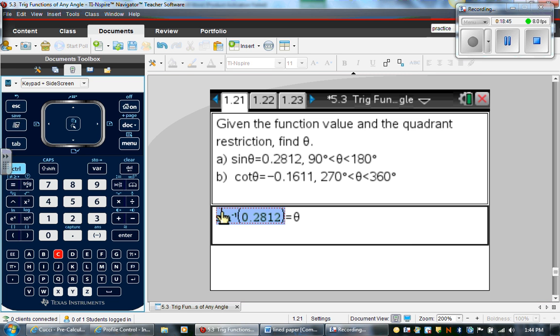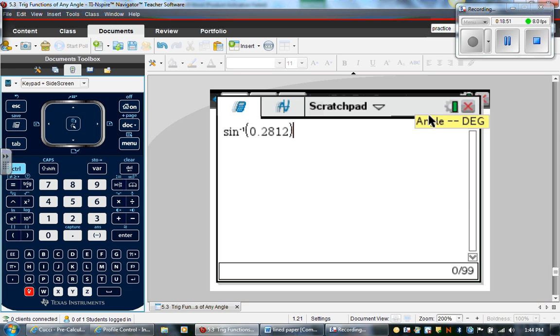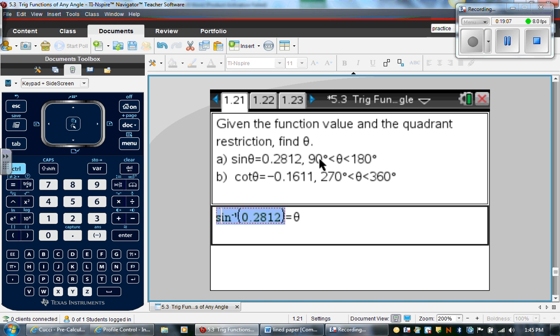So I'm just going to use a scratch pad, and my angle is in degrees, so I'm okay. I'm going to type that in and hit enter. So now what I got was 16.3 approximately. But because we want to be in the second quadrant, what I need to do is find that angle in the second quadrant.